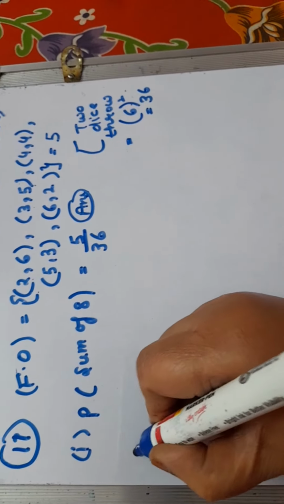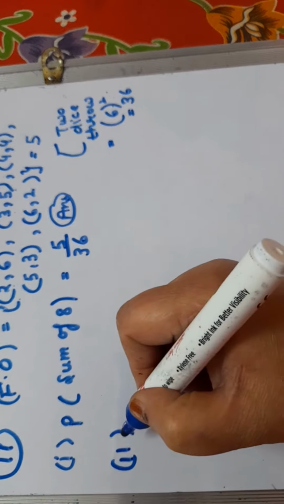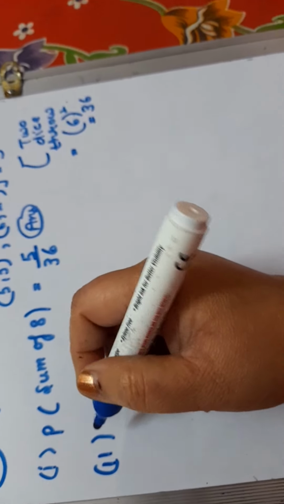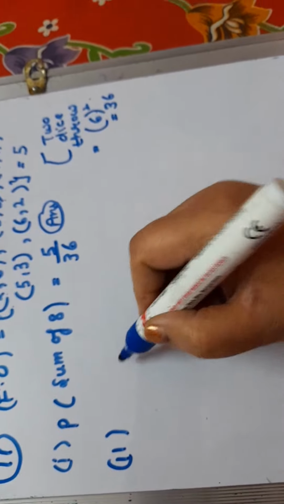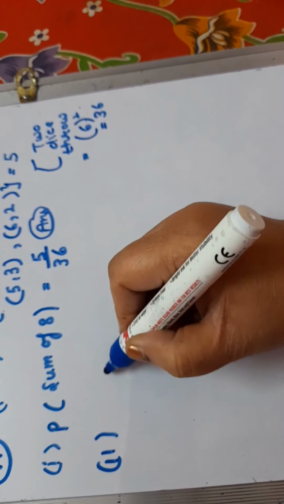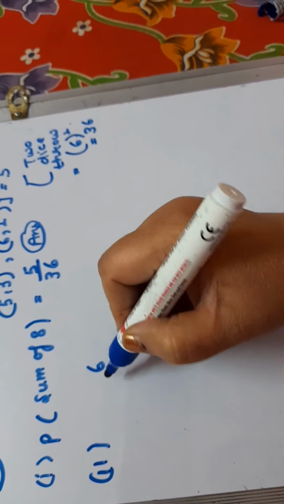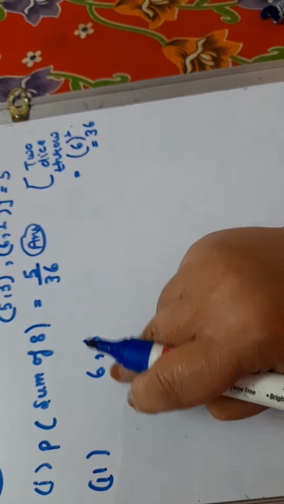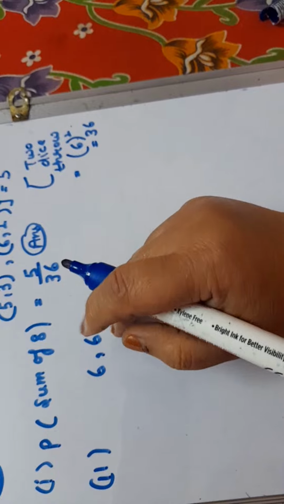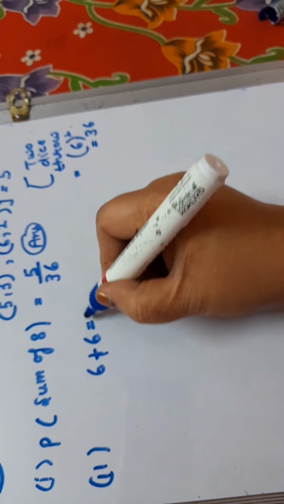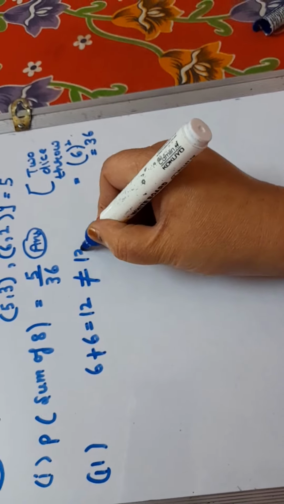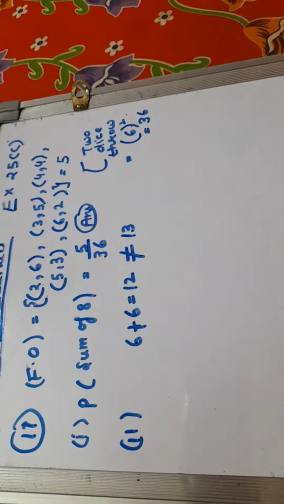Now second is, find the probability that the sum of 2 numbers appearing on the dice is 13. So 13, students, we know that on each dice the maximum number is 6. It could be that both dice show 6 and 6, then 6 + 6 is 12. So it means it is not possible to have the sum of 13 when we throw 2 dice.